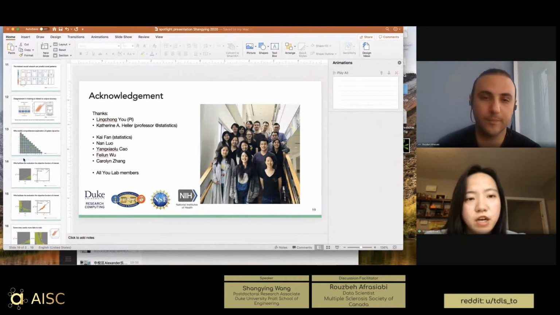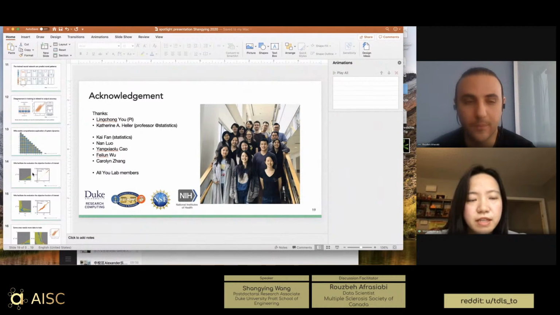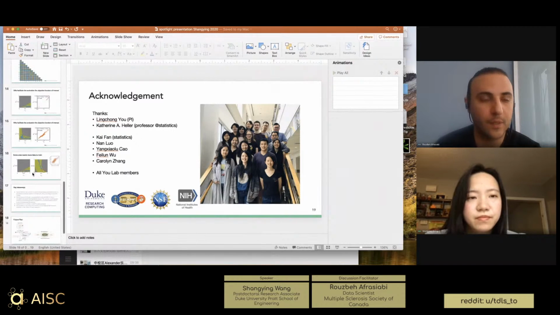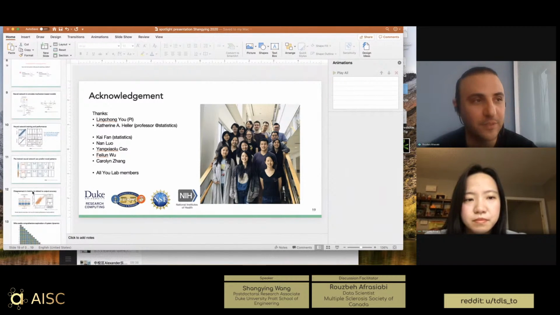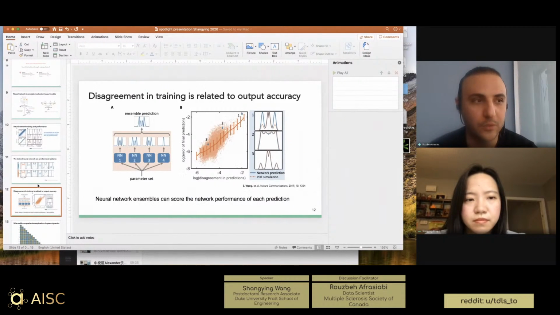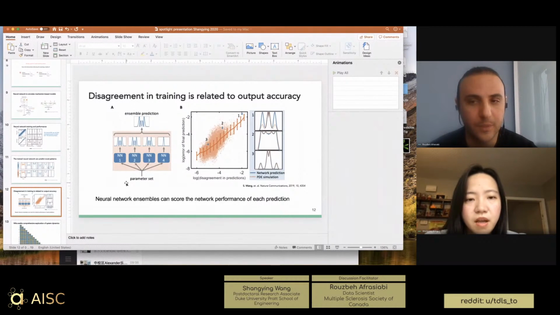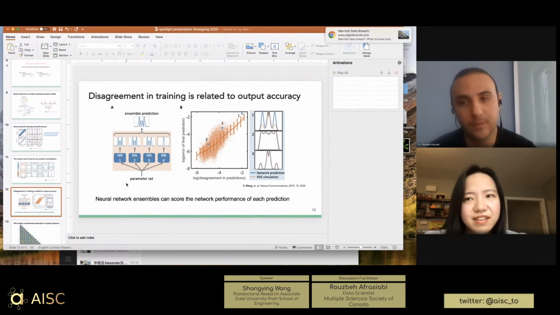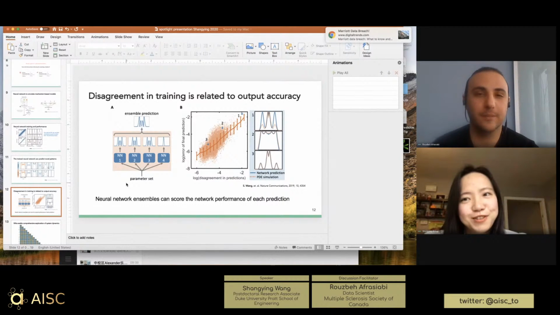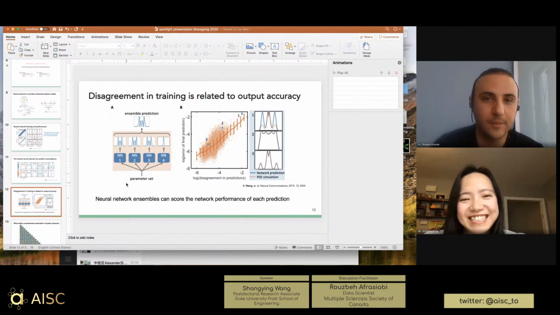So for each of the ensemble neural networks, the initialization is random at the beginning. And was there any difference when you trained the models in parallel or separately? I trained the model using the cluster. So they are in parallel, but they don't communicate with each other. So it can also be called separately.